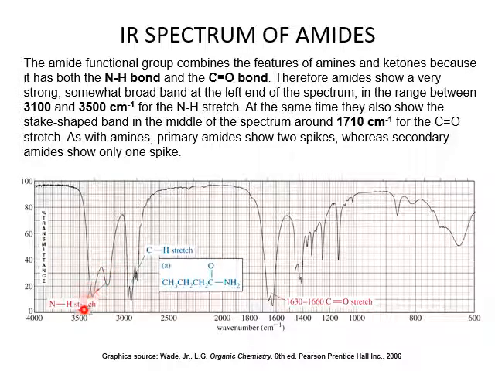In this area, you will see a double peak, which is the sign of NH stretch because you have NH2 here, in addition to the famous carbonyl group. So when you have carbonyl around 1,700 and the NH stretch peaks around 3,100 to 3,500, it means you have an amide compound.